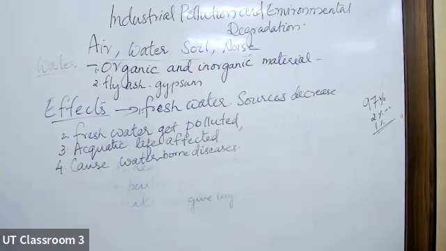Okay. Now, next one is noise pollution. How can noise be a pollution? Loud music. Okay. See, our eardrum allows us to hear a normal range, a maximum of 70 decibels we can afford.